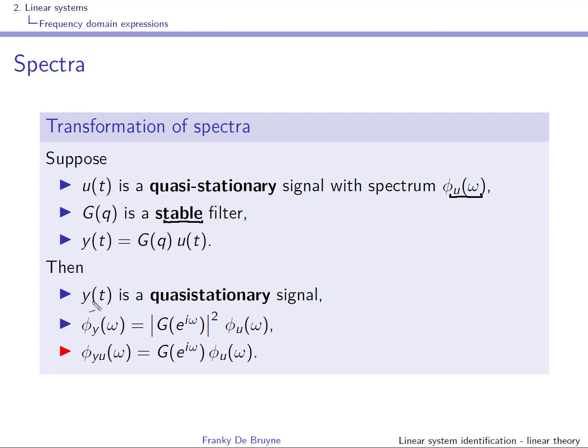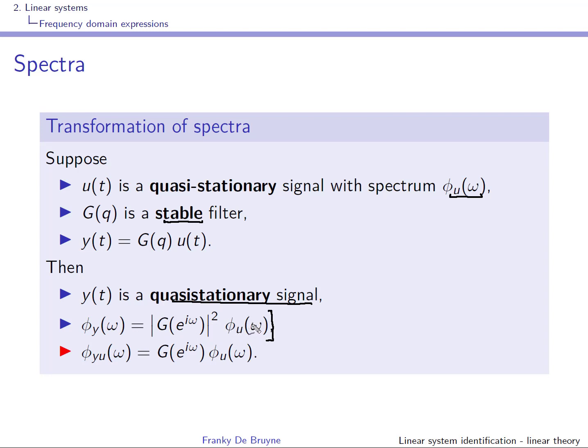Okay, then what you can obtain is that, as a result, y of t is itself a quasi-stationary signal, and it's possible to compute the spectrum as follows. So what you have here is the modulus of G evaluated in z equal to the exponential of i omega, and you have to square it, times the spectrum of u.